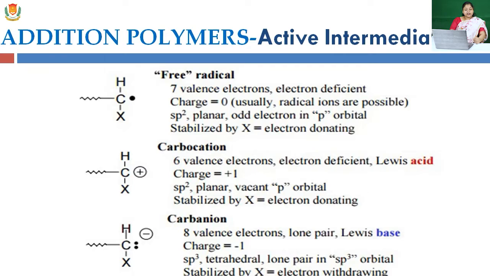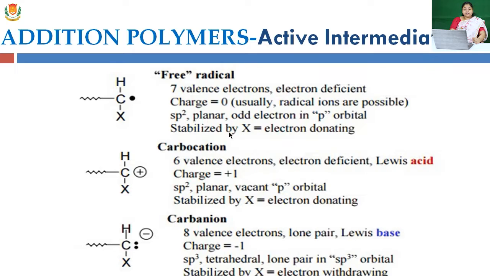Number two, cationic polymerization, and number three, anionic polymerization. In addition polymers, the active intermediates generated from the initiation step are free radicals, carbocations, and carbanions.